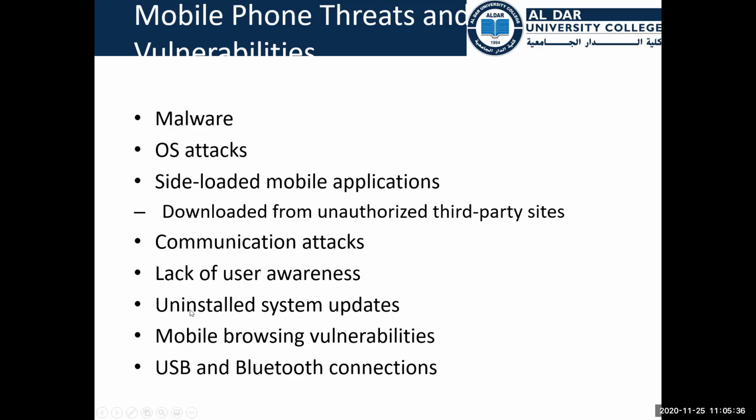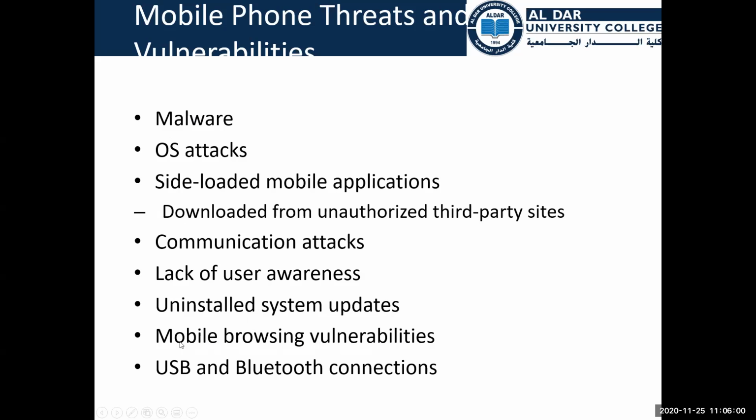Uninstalled system updates. All these are breaches, common vulnerabilities in all mobile devices. Uninstalled system updates means that you have an operating system and you don't update it. Mobile browsing vulnerabilities.